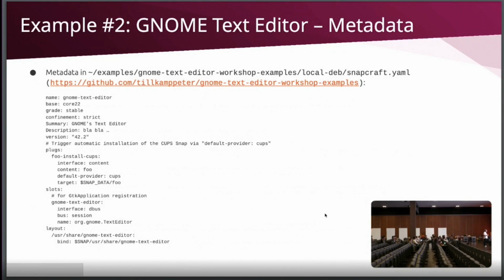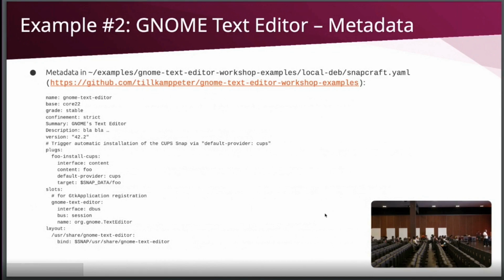These are all our own plugs and slots, which we define in this snap. They are related to some standard interface, but with some modification, or an interface used with parameters. And they have a name so that we can select them in the apps section.